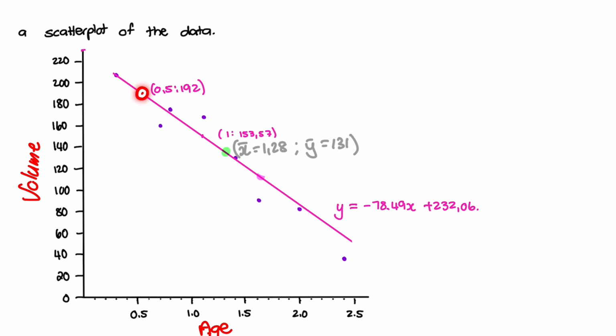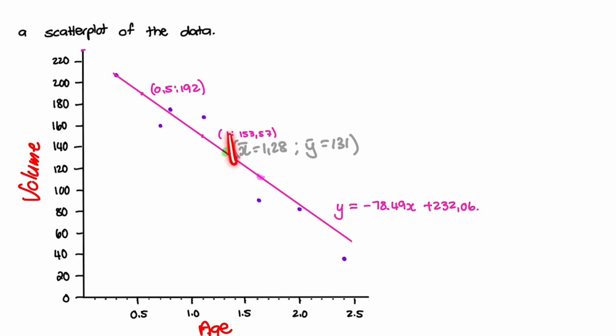So that will be my first reference point. Then for my second reference point, I chose x as 1, so I substituted 1 into the place of x, and I found a y value of 153.57. Now I have two reference points, and I connect them to each other to form the straight line.